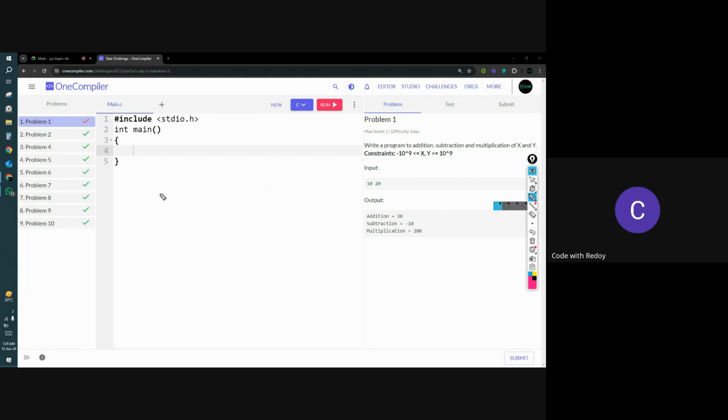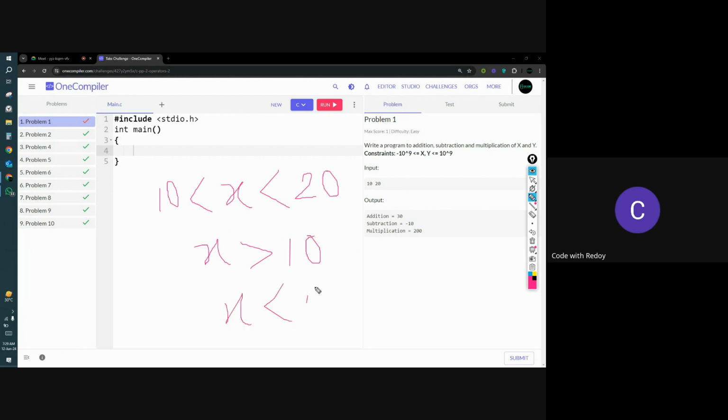We can write this condition that way: 10 less than x less than 20. What does it mean? It means x greater than 10 and x less than 20.